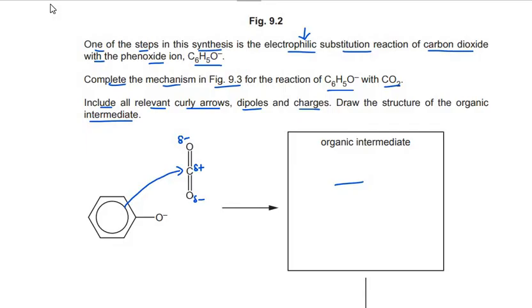So let's draw the benzene ring, shown here with the phenoxide ion, so O- is drawn. Now the carbon dioxide will be added here, but carbon dioxide as such cannot be added, because that further forms the carboxylic acid group, COO- or COOH.